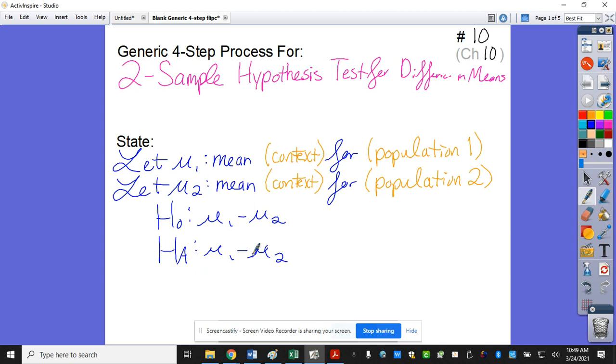Null hypothesis is always going to be what? Equals. What are my options for alternative? And then, just like we were asking about earlier, I don't care if you put a number or if you put 0, but it's almost always 0 as far as we're concerned.